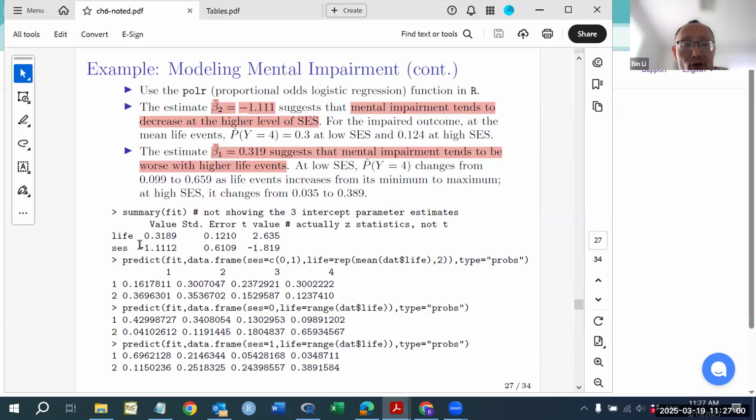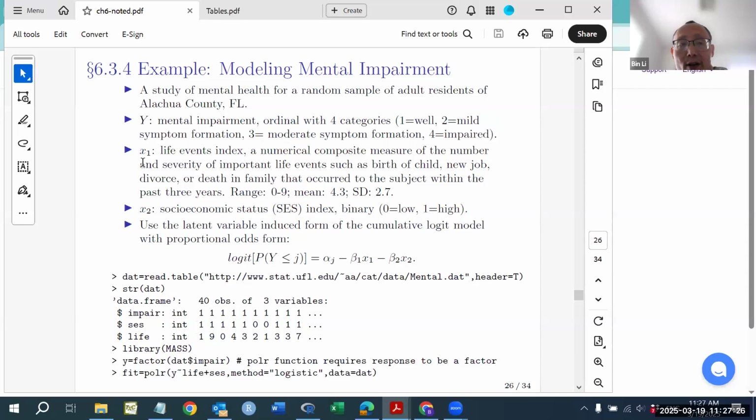And similarly for the life. So the life has a positive coefficient. So that means if we have a larger value of the life events, then the mental impairment tends to increase. And that also makes sense because X1 is the life events index.